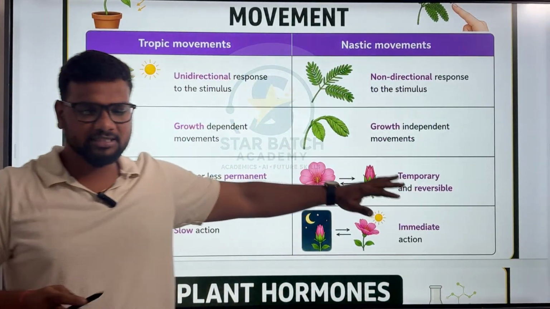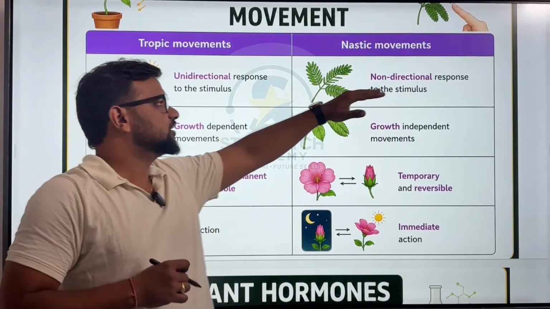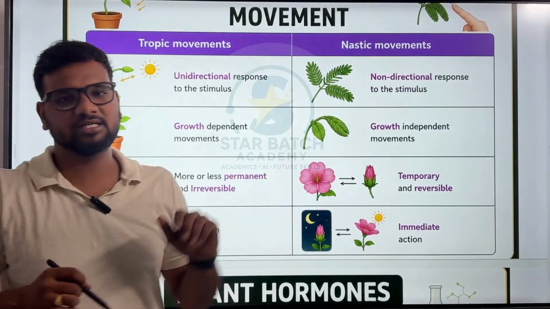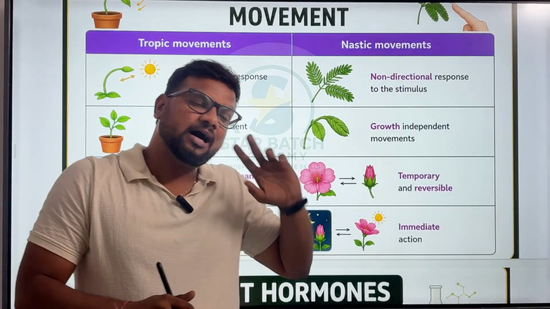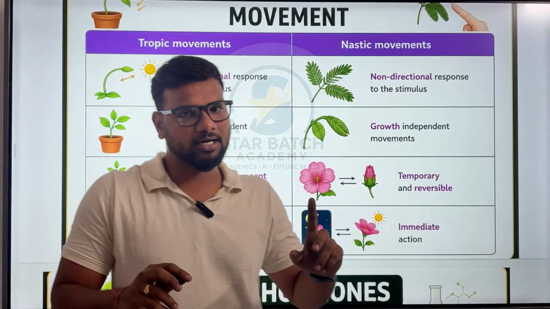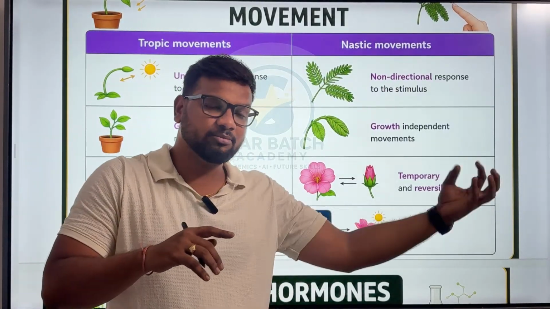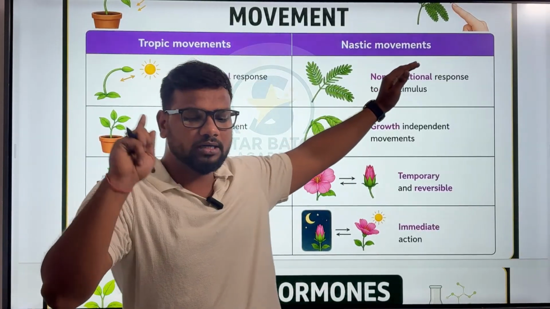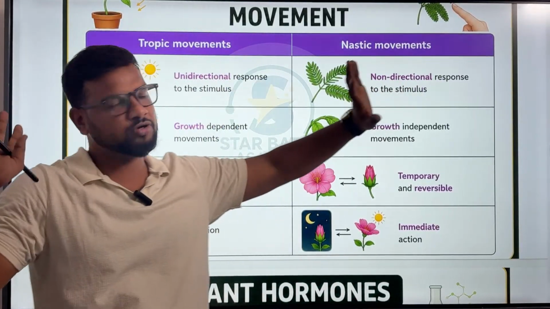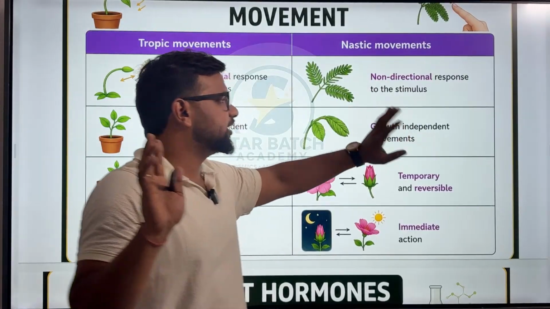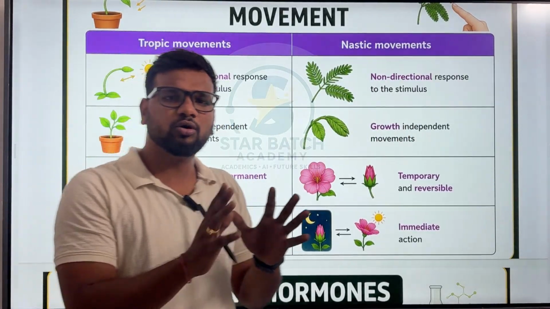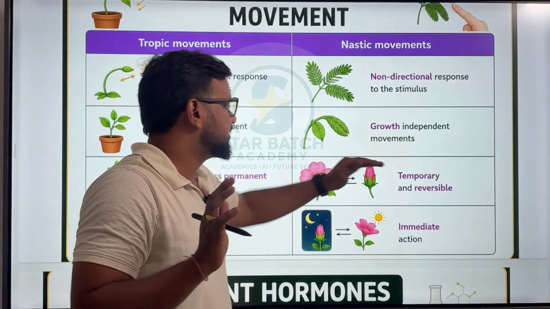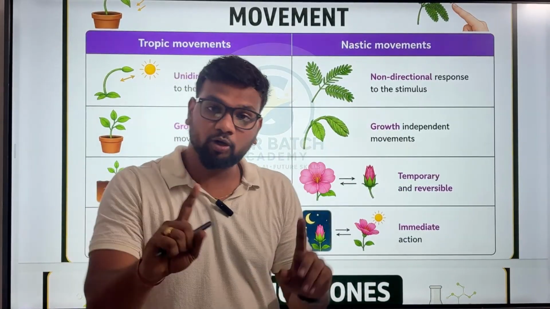In nastic movements, we have a non-directional response to the stimulus, meaning the response does not depend on which direction the stimulus is coming from. That is called a non-directional response. It is growth independent movement, and it is temporarily reversible.